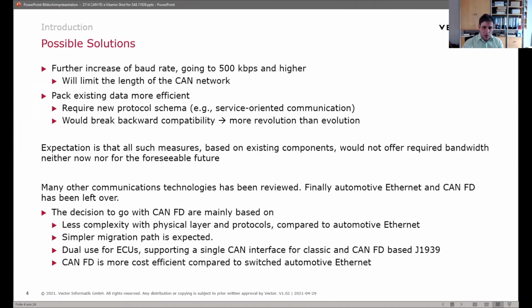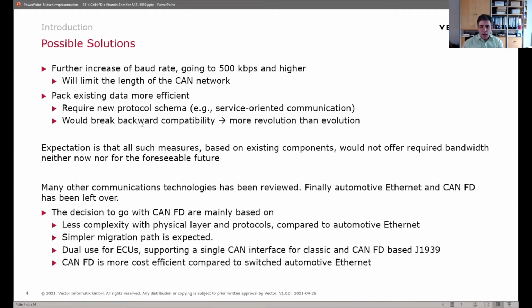However, this approach has a drawback because it requires a completely new protocol scheme, probably something service-oriented, which would also be tricky to put on an 8-byte based CAN data link.